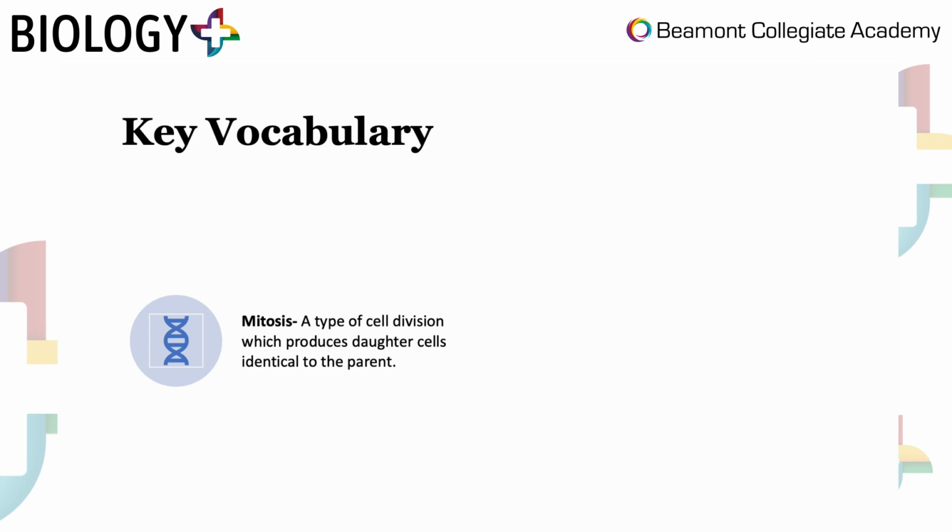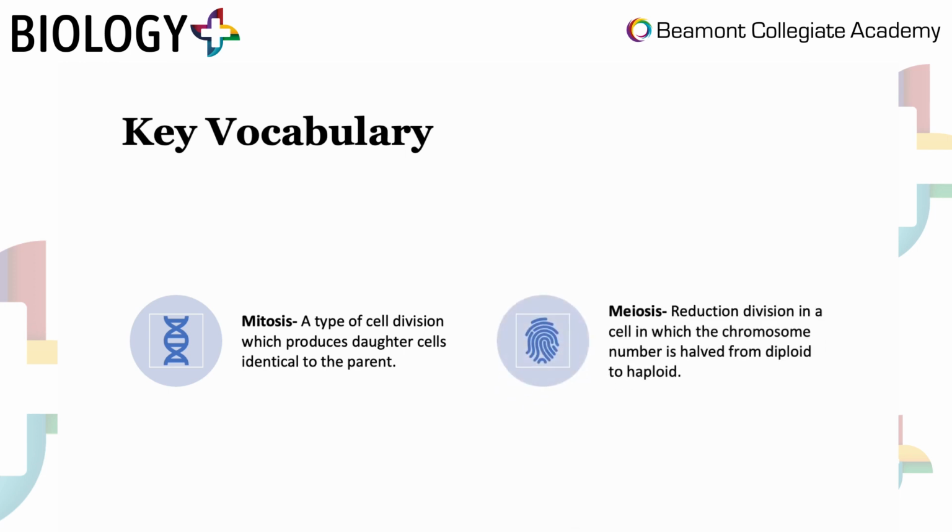This happens in our body cells. Meiosis. This is a reduction division in a cell in which the chromosome number is halved from diploid to haploid. This division produces our gametes.